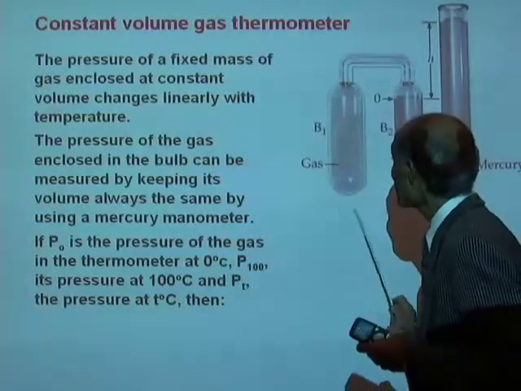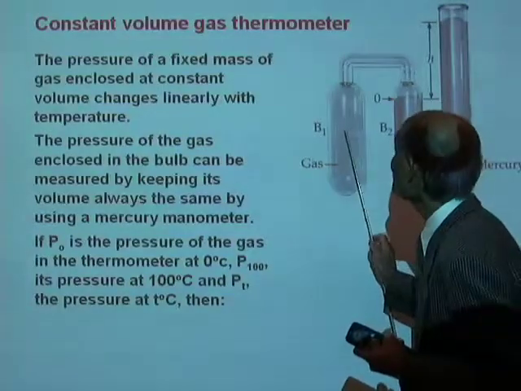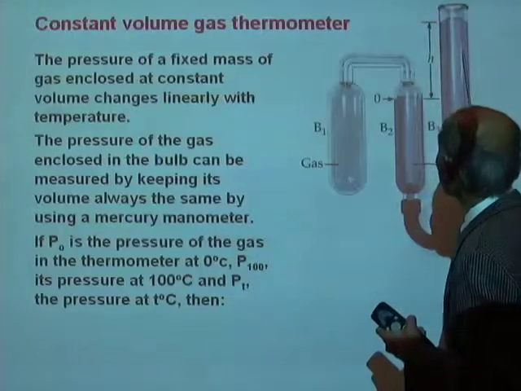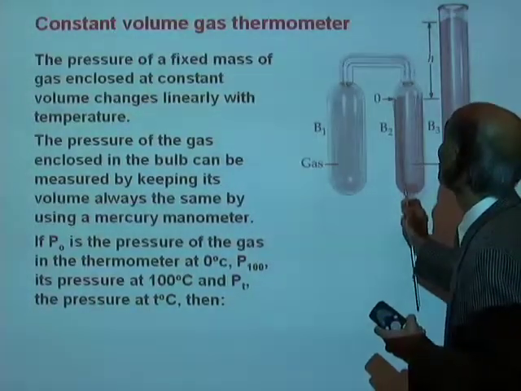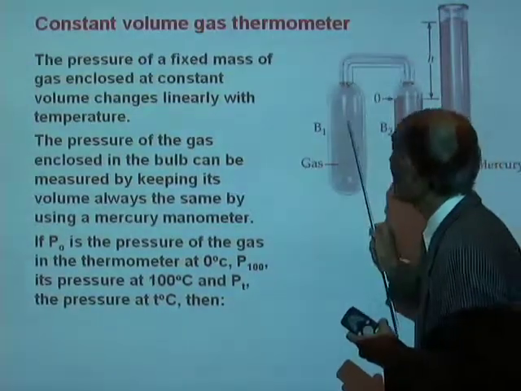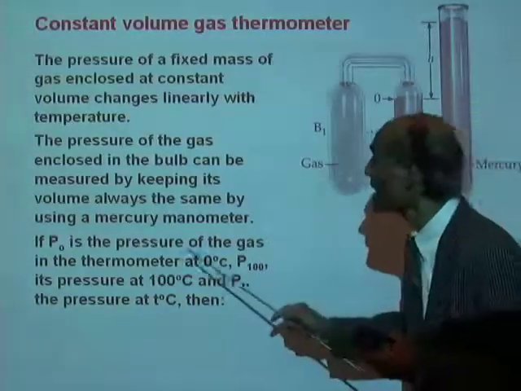When you cover it with boiling water, obviously the volume is going to increase. Now you need to change the position of the manometer to bring the mercury level back to the fixed mark, so as to make sure that the volume is constant, and then measure the pressure again.